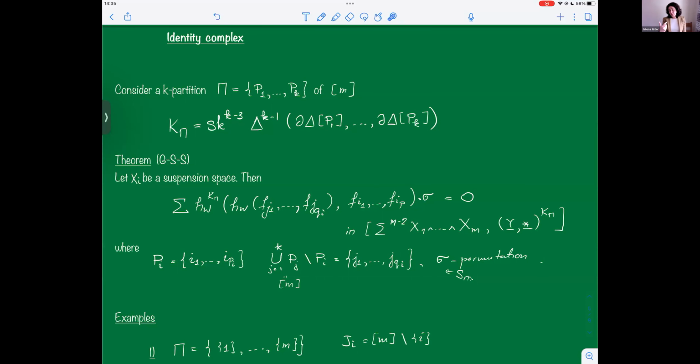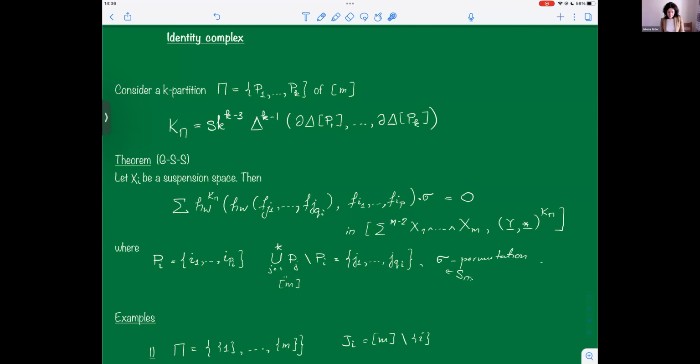Then to each subset, we consider that subset of vertices as the vertices of a simplex and take its boundary. So to each subset of vertices, we are associating a simplex, and then we are taking the boundary of it.